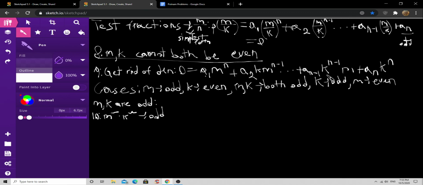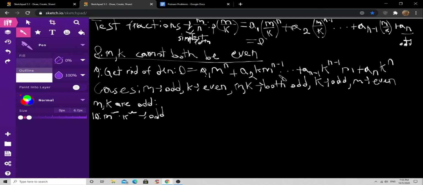Well, let's see. So if we have an even coefficient here, we know that if we multiply an even coefficient by an odd number, so an even coefficient to any power, in this case, multiplied by an odd number, will give us an even number.